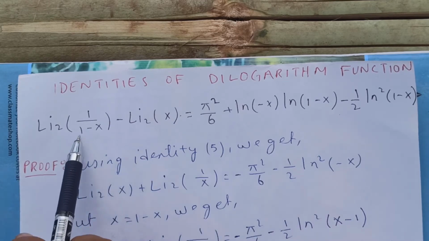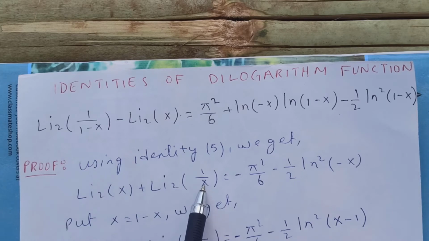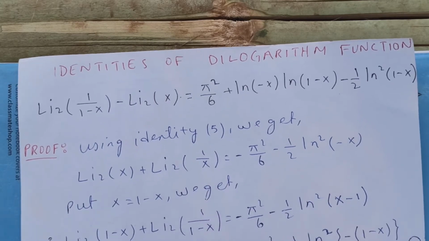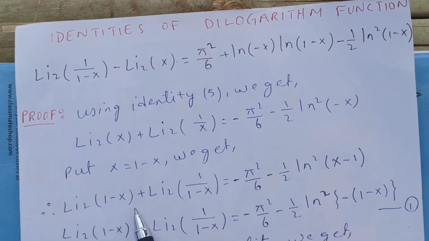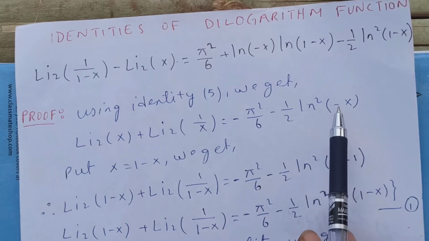now in order to get this, we are going to replace x by 1 minus x. Then we get Li2(1-x) plus Li2(1/(1-x)) is negative pi squared over 6. This is a constant, so negative half natural log squared of negative x.